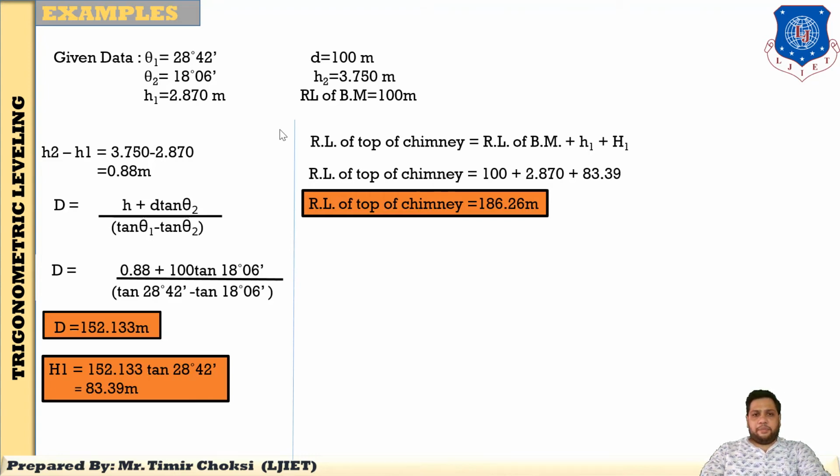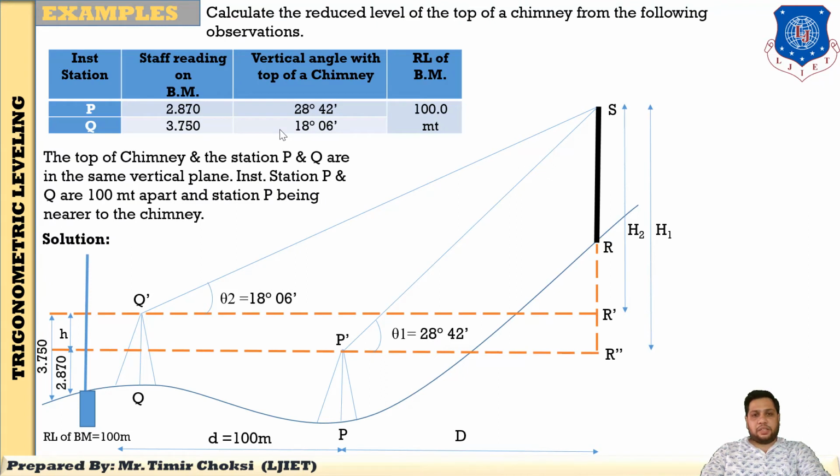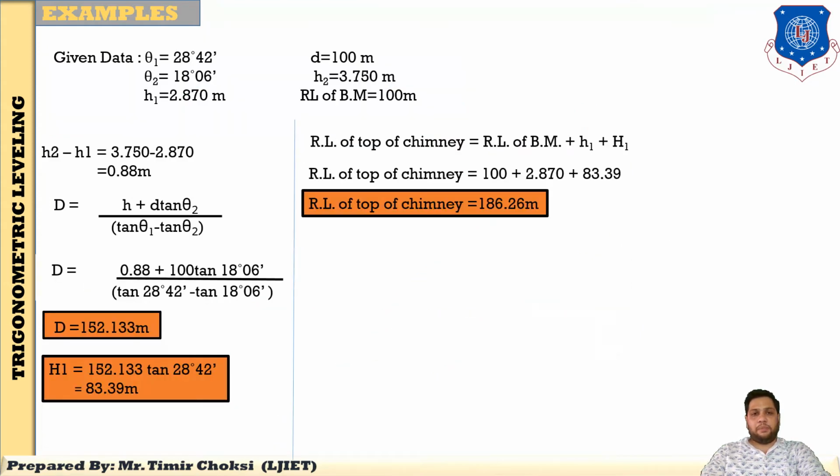Student, this is an easy example. Only one point to note: you consider which type of case arises, case A or B. After thinking about this case, you directly put the values in this formula.